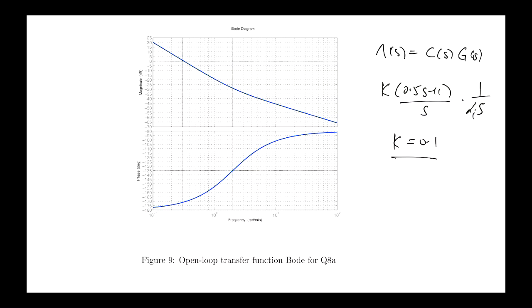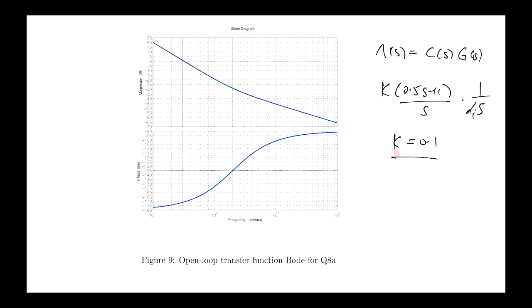Now this is showing what happens when k is equal to 0.1. This is the crossover frequency, because the crossover frequency is where the open loop transfer function has gain 1. That's 0 dB. So the phase margin will be how far above minus pi, how far above minus 180 degrees we are.